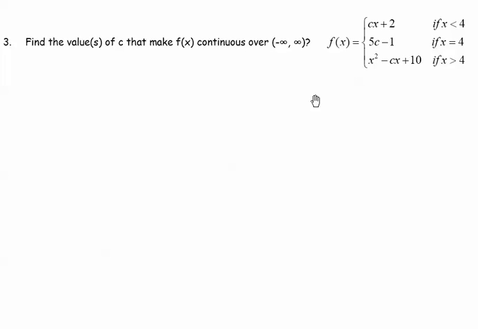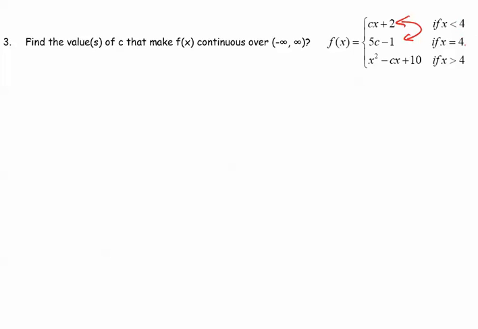And now we want to make a continuity argument with a piecewise defined function. So we would like to find a value of c so that these pieces of this function will pick up where they left off.